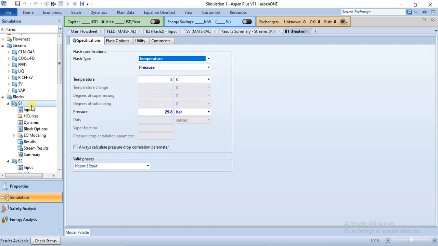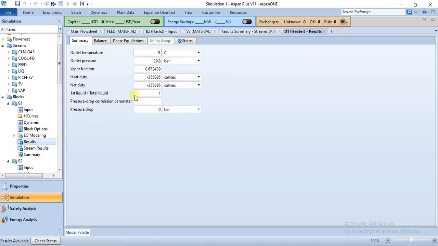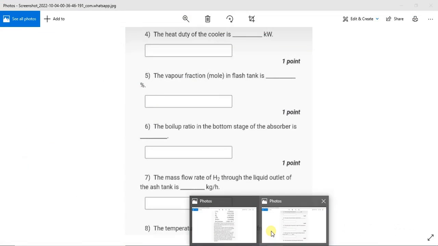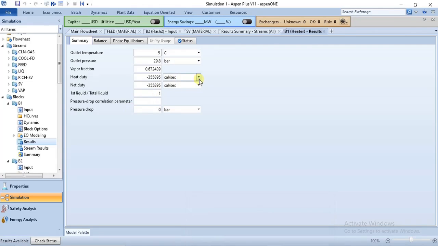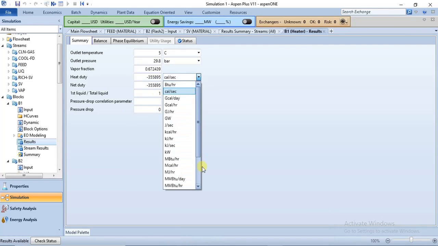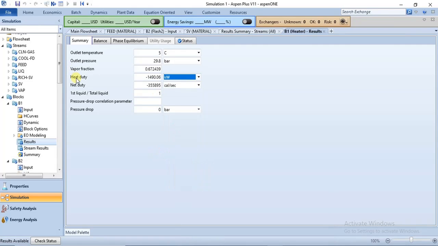To check the heat duty or the properties of the cooler, you go to results, which gives you some detail about that equipment. This is the heat duty here, but the question said kilowatt, so you go to the drop down and change the units to kilowatt. The heat duty of the cooler is minus 1490.06 kilowatts. So that is for the first question.